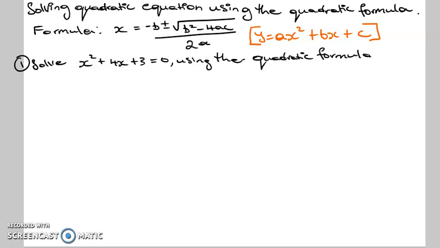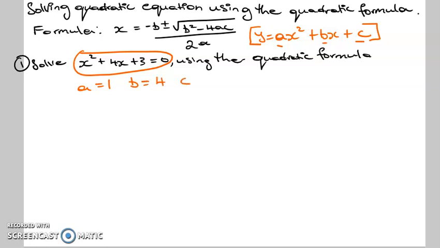And so our first step in solving this quadratic equation is to first identify the value of each of these variables. So here we have a is equal to 1, the coefficient of the x squared term. b, the coefficient of the x term, is 4.